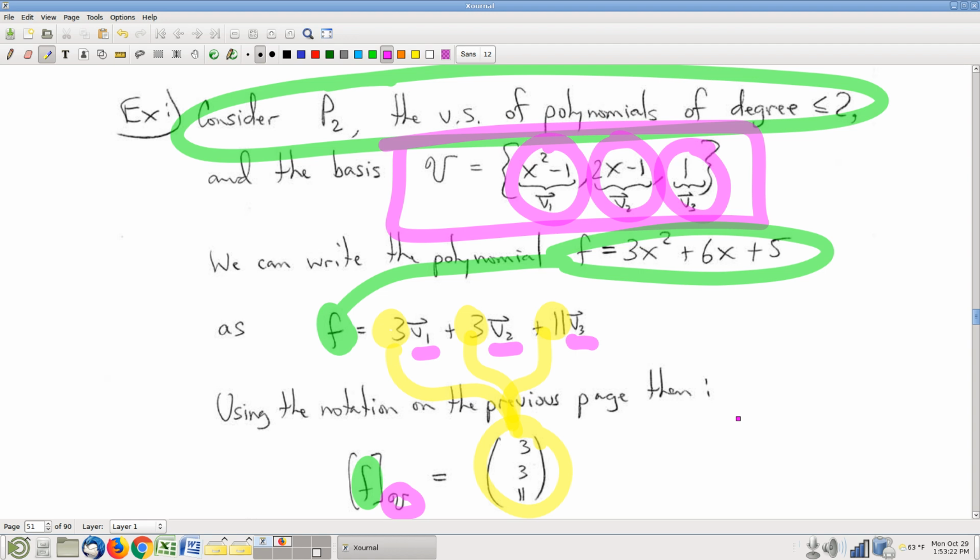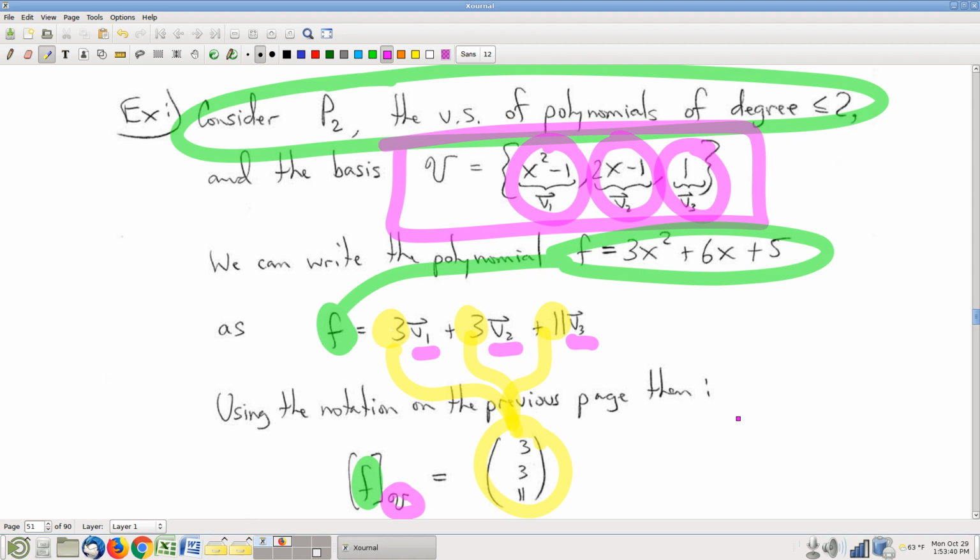So F is a function, an element of a vector space. This wasn't even a particularly weird vector space, but anyway, F is a vector in a vector space, and F's coordinates with respect to the basis are a list of numbers, an element of R3.